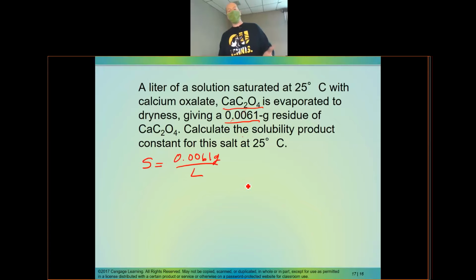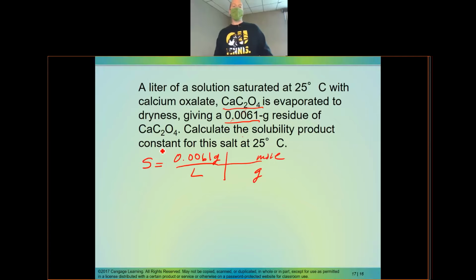All right, except S has to be in molar solubility. So in order to get that into molar solubility, you have to convert grams to moles, just like we did in chapter 2. We have to divide by the molar mass in grams per mole.